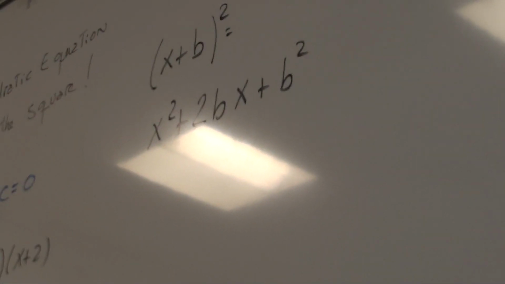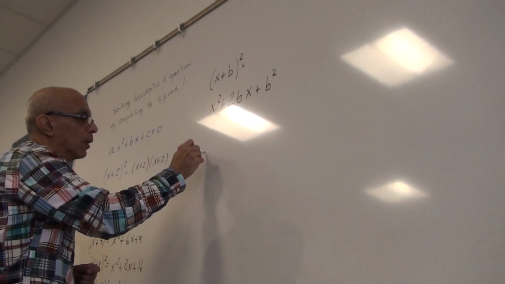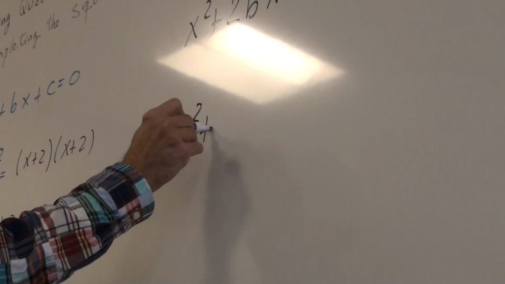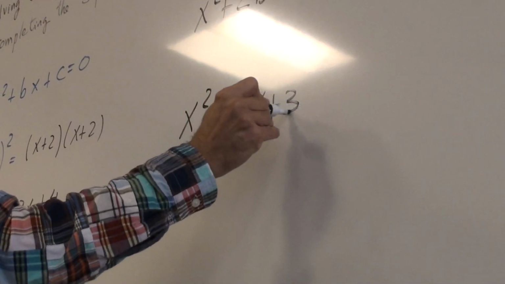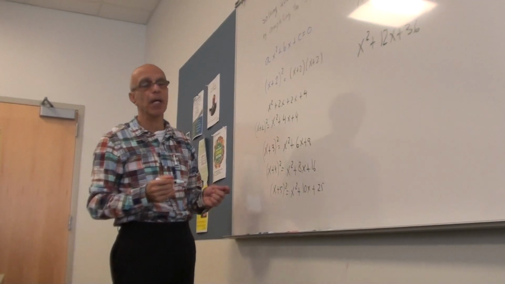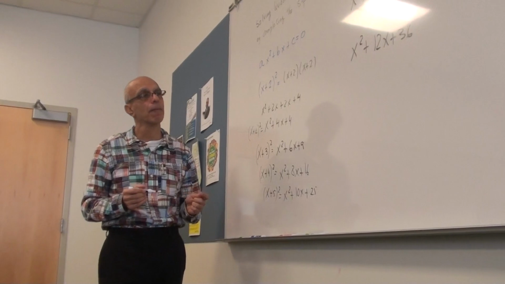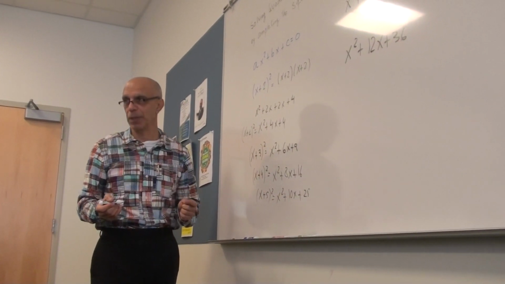So if I give you, let's say, x squared plus 12x plus 36, can you tell me what binomial I'm squaring here? (x + 6).